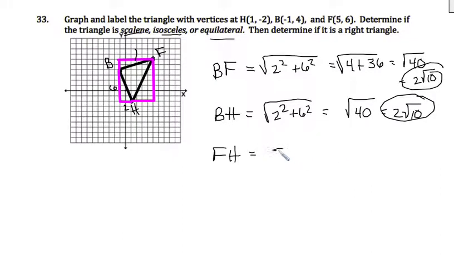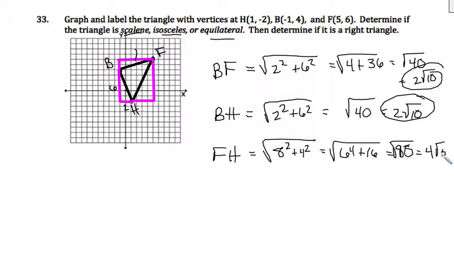So that would be 8 squared plus 4 squared to find that hypotenuse FH squared. So remember, you always have to square root that to find just the length of FH. So that's going to be 64 plus 16, which is going to add up to 80. And the square root of 80 is, what is that, 16 times 5, so 4 root 5, which is not the same as the other two.